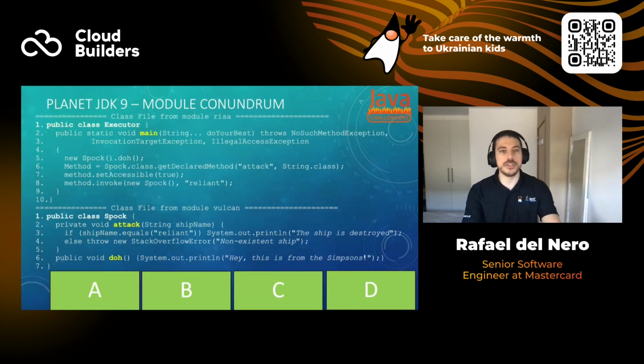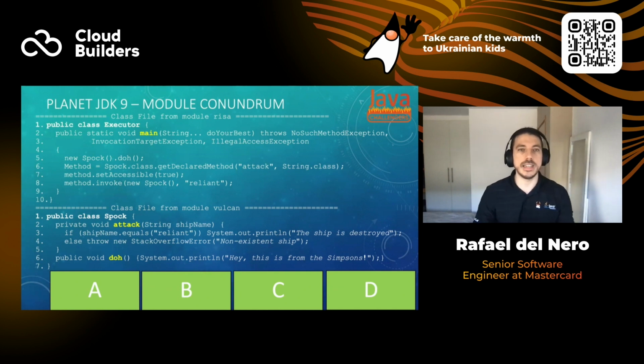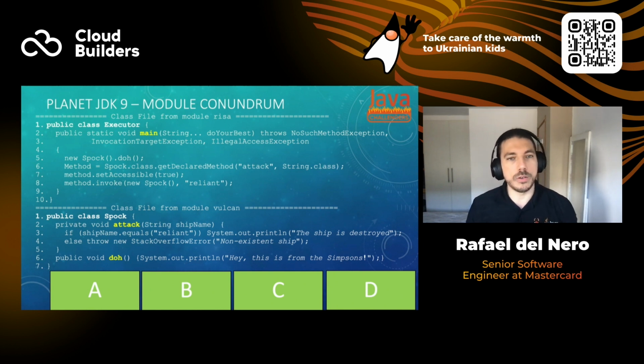So this is a challenge from JDK9. As you can see in the module Reza, we are invoking some classes from module Vulkan. We are also using some reflection. If you notice, we are using the getDeclared method.